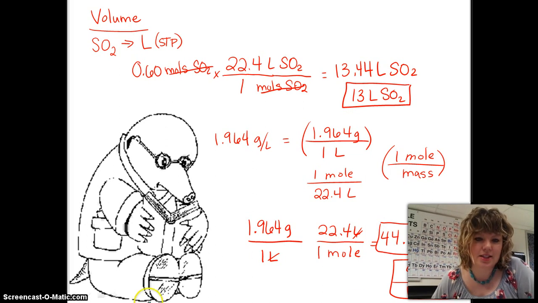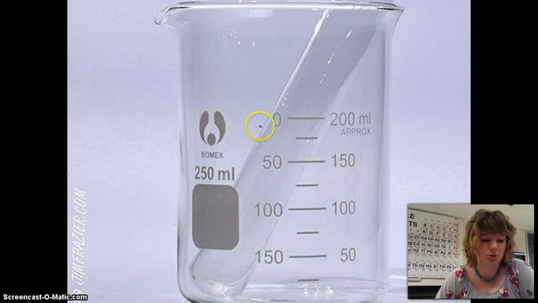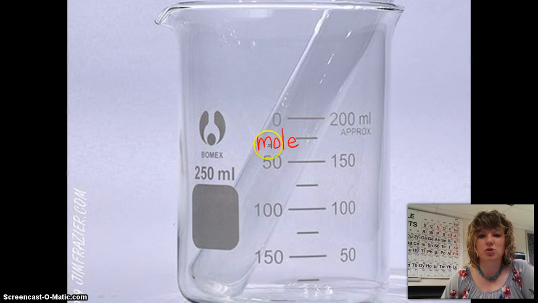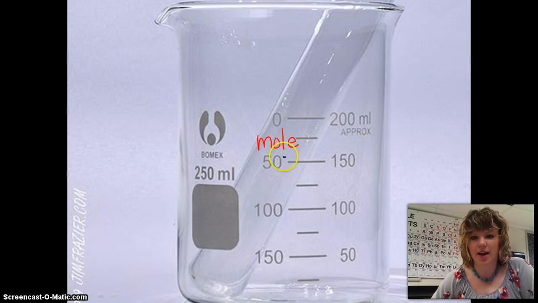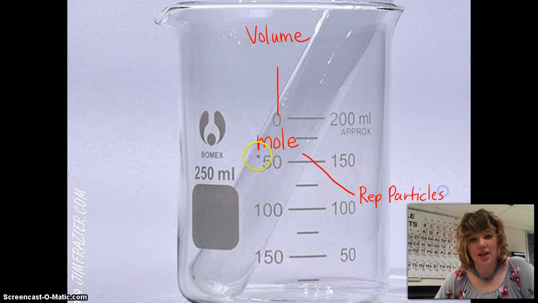And on this last slide here, I just want to show you one helpful thing that helps me. It's also in your book, and you'll also be able to use this on your test. I like to think of the mole as our in-between guy for everything else. If you think about volume being here, it's a good visual thing, and we think of our representative particles being over here, and we think about our mass being here.